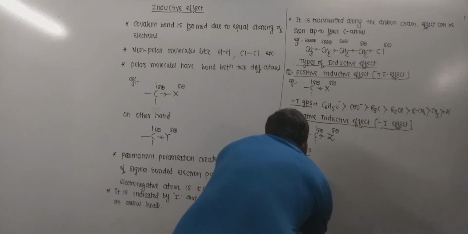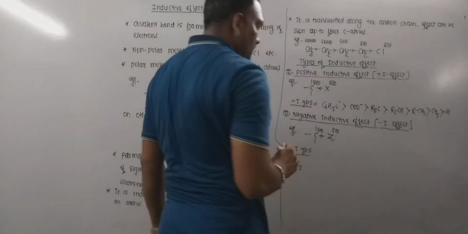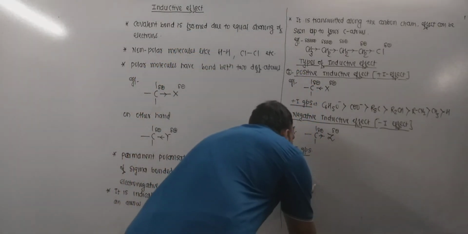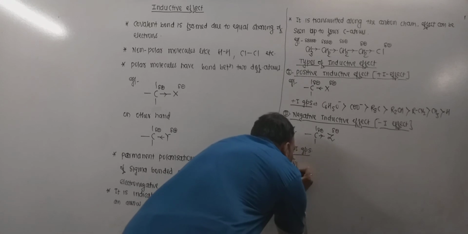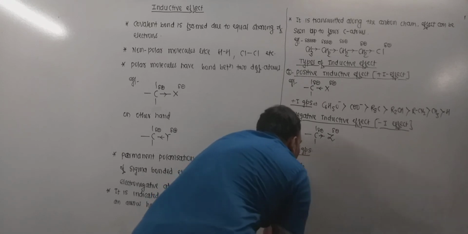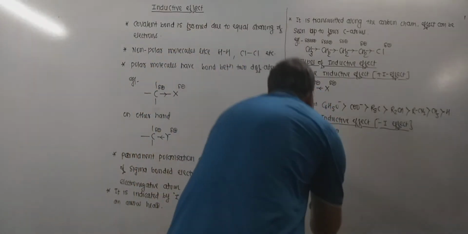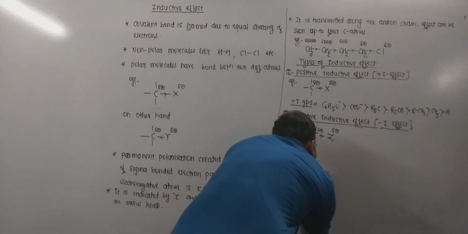Then a few examples which can be given are R3N plus. This is the minus I group. Instead of R3, if methyl group is present, then that will be far better. So this is the powerful minus I group. Secondly, NH3 plus.